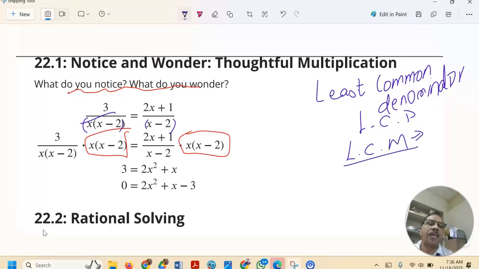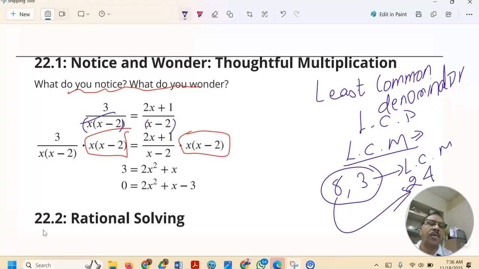In other words, if I have 8 and 3, the least common multiple, LCM, for 8 and 3 is 24. That's because 8 divides 24, and 3 also divides 24. The next common multiple is 48, but among these, 24 is the smallest, the least common.